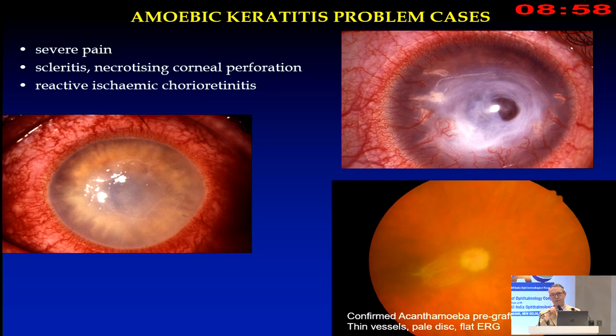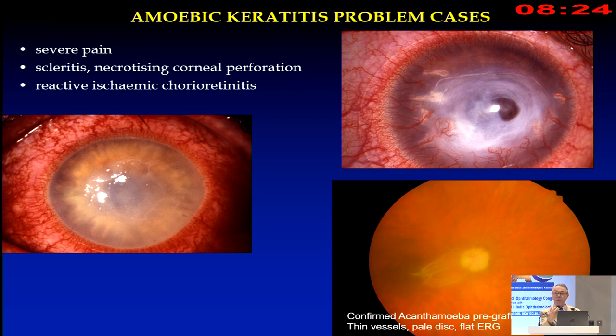The problem cases, the patients that do not get a good response to infection, are the patients in whom pain is very difficult to manage, and that's uncommon. The patients with scleritis or necrotizing corneal perforation, both uncommon, and the patients with posterior segment involvement, and that's very, very uncommon, such as the patient whose fundus is photographed on the bottom of the slide with attenuated vessels.